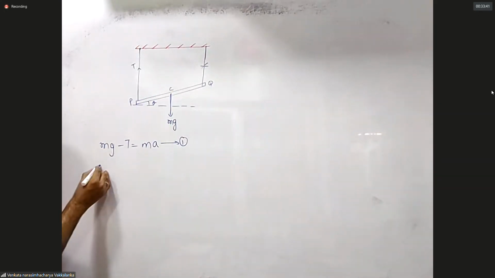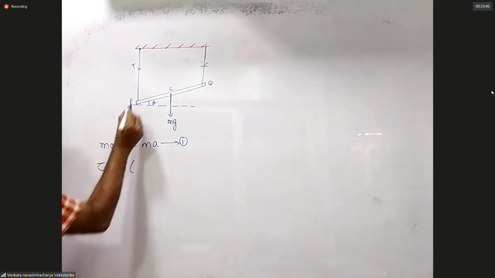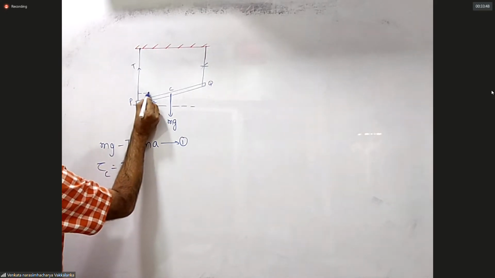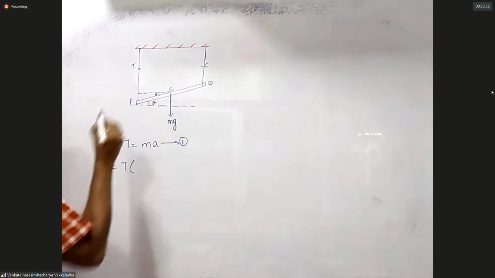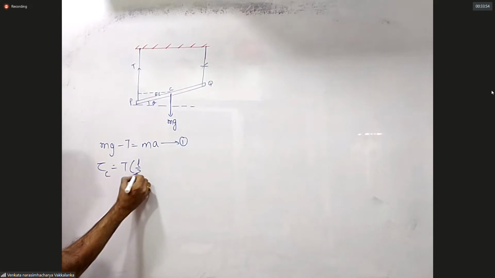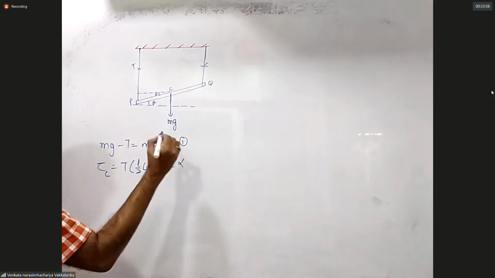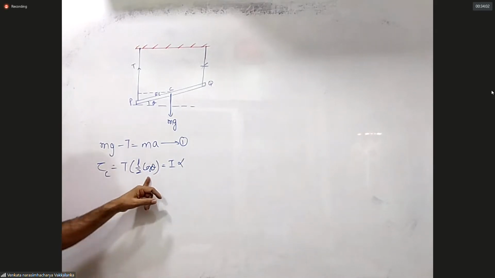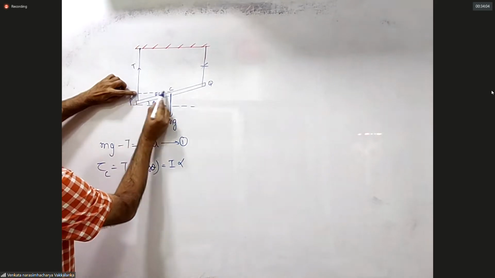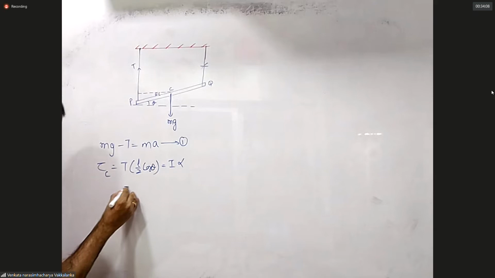Now you told me to take the torque about center of mass. T into L by 2 cos theta is equal to I into alpha. Are you convinced by this equation? Yes, sir. The perpendicular distance from center of mass is L by 2 cos theta.